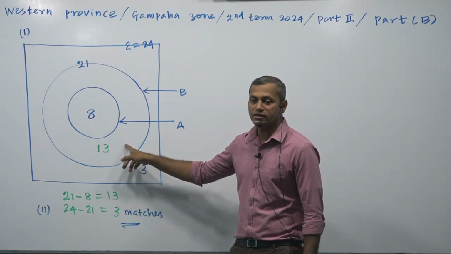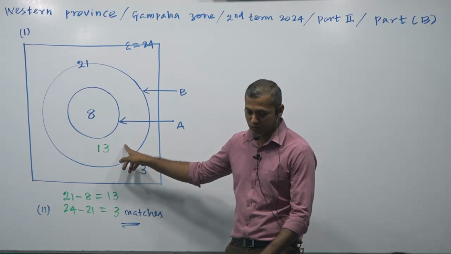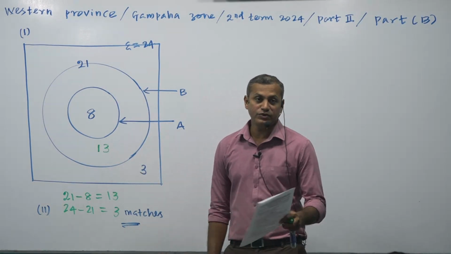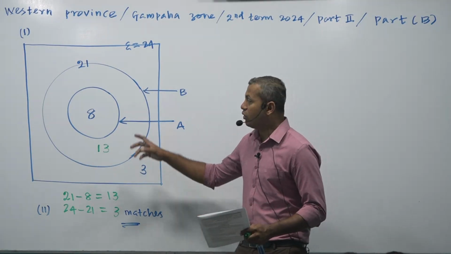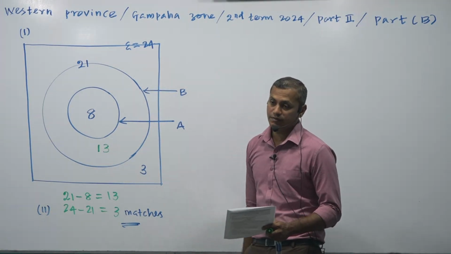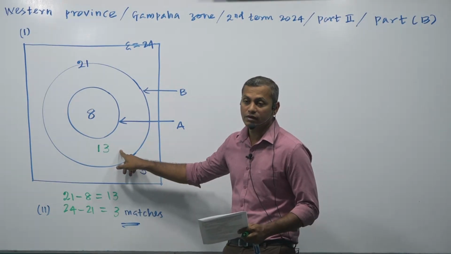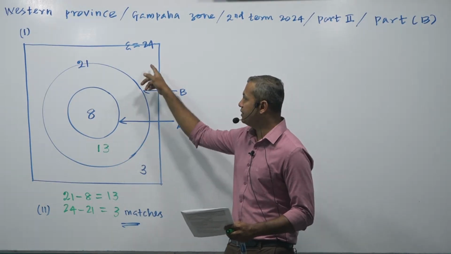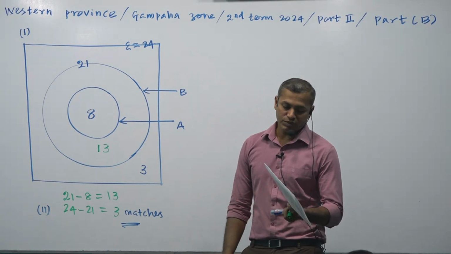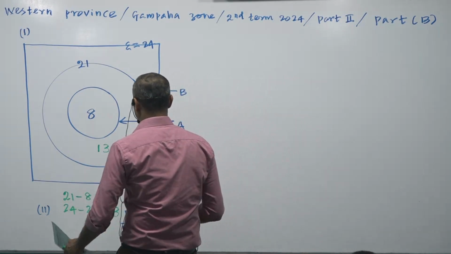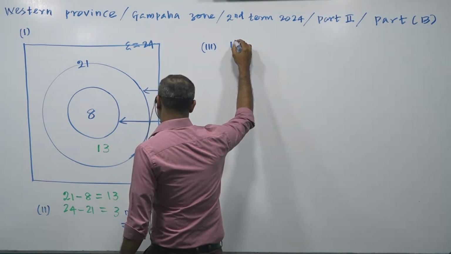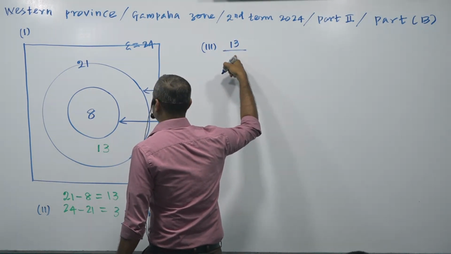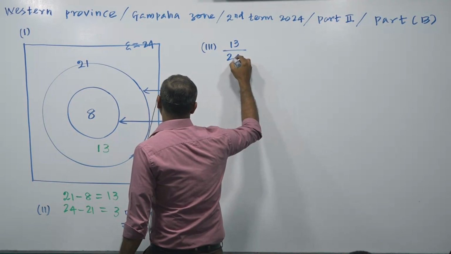They are asking how many are in this region. But you should write it as a probability. Probability means the total number should be the denominator: 13 out of 24, that is the probability.